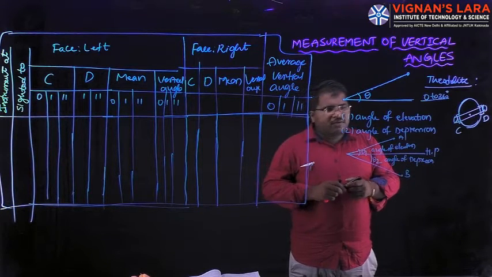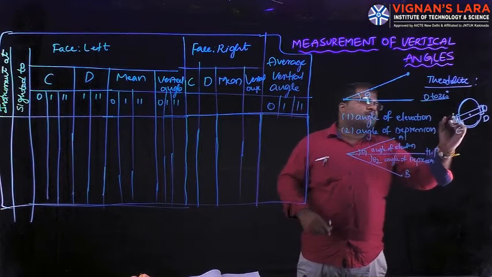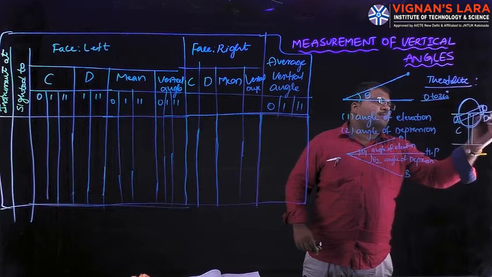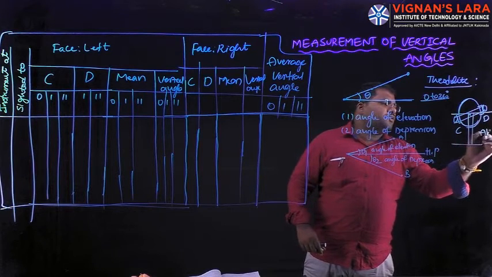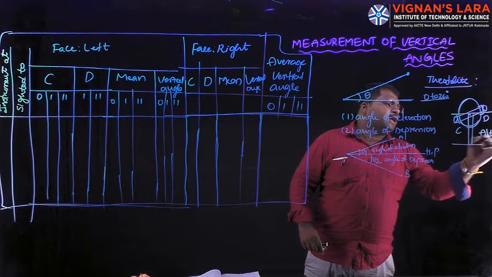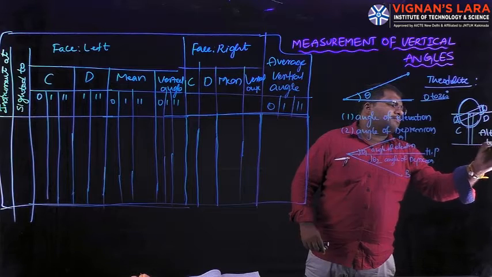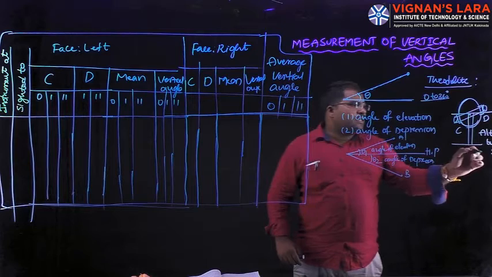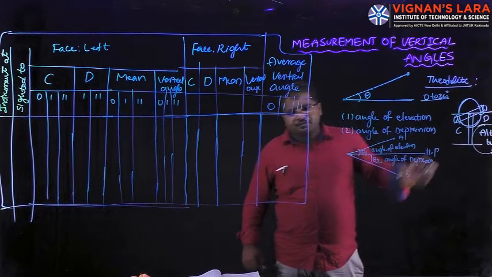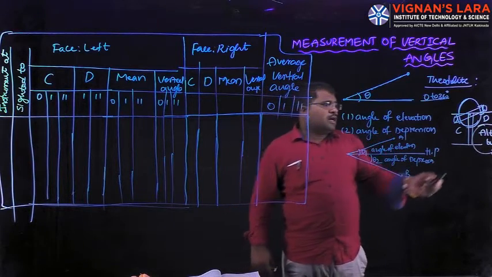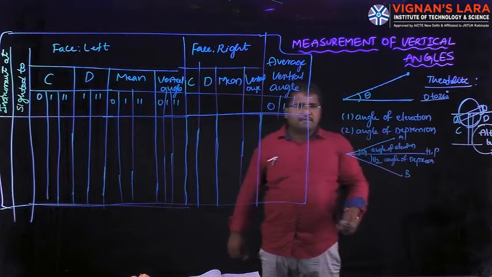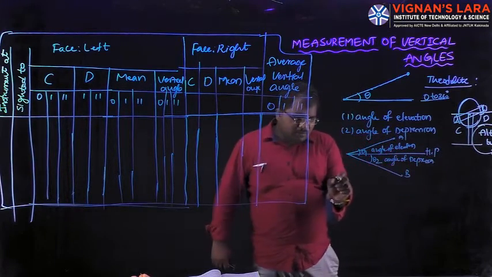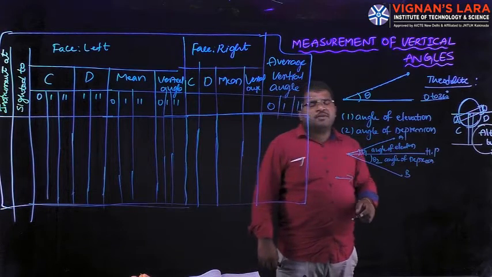For vertical angle measurement, in the T frame we have a bubble called the altitude bubble, or altitude leveling tube. With the help of this we are going to make the instrument level.